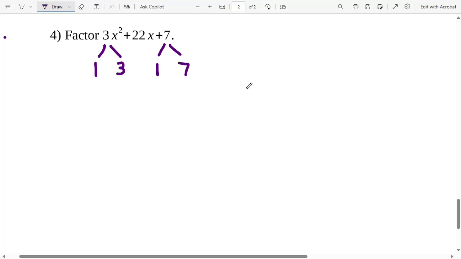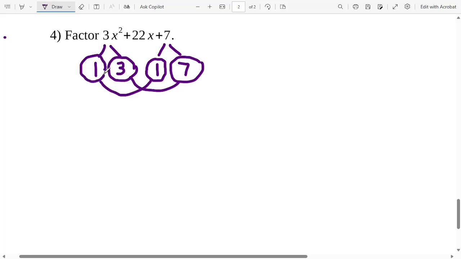And this one's kind of easy because there's only one way. If we do 7 times 1 plus 3 times 1, that gives us 10. But if we do 7 times 3, that gives us 21, and then we add 1 times 1, well, that gives us 22.